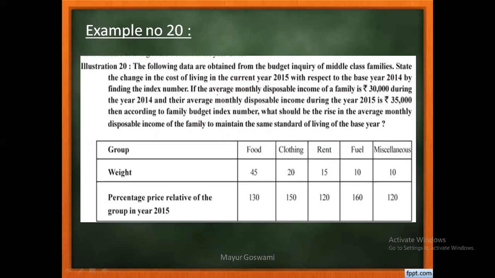If the average monthly disposable income of the family budget is 30,000 during 2014 and the average monthly disposable income during the year 2015 is 35,000, then according to the family budget index number, what should be the rise in average monthly disposable income of the family to maintain the same standard of living of the base year, right?